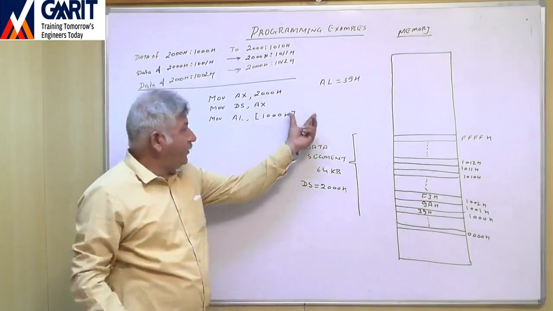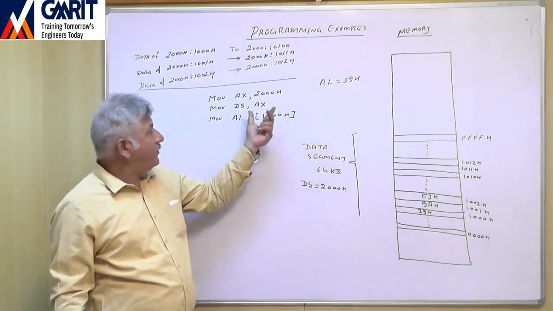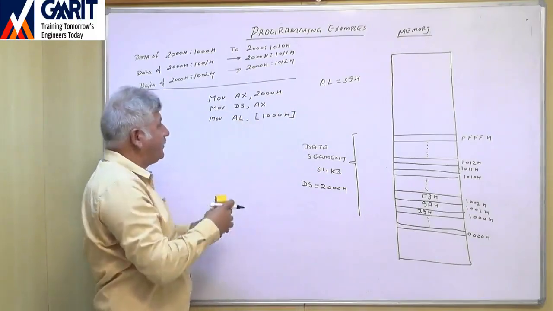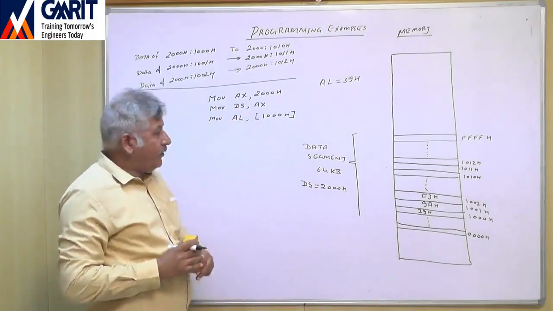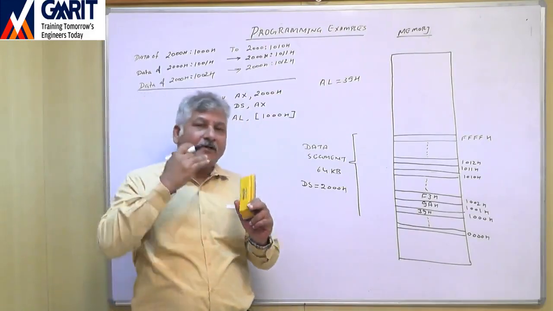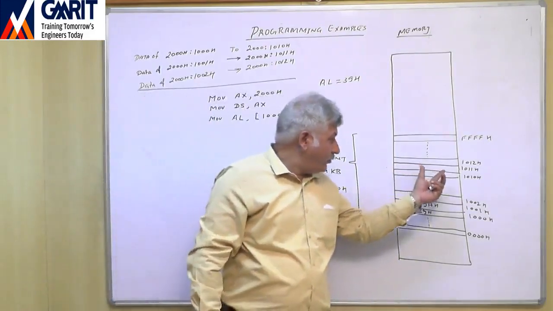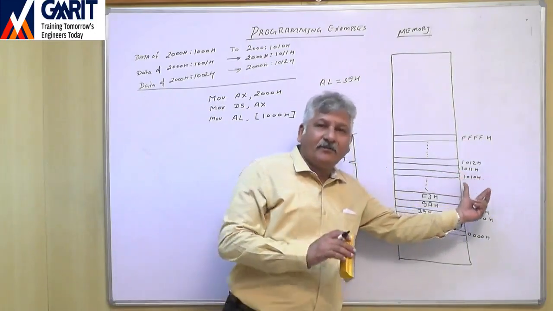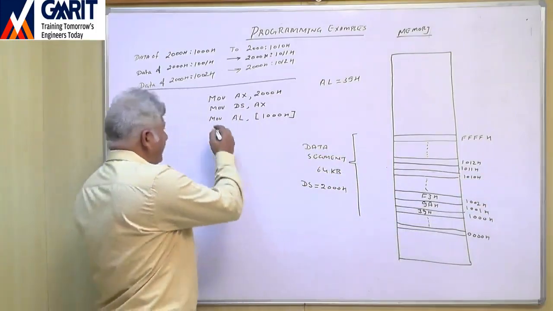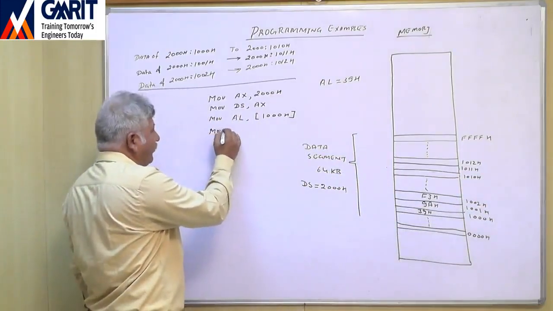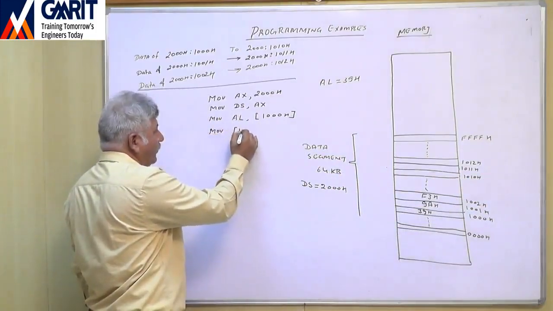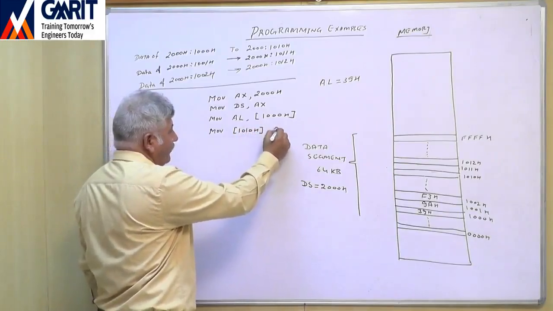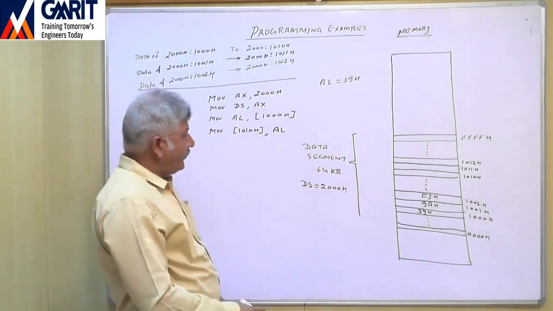So now from the memory, we have brought the data inside our microprocessor in 8-bit register AL. Now from the AL we will transfer it to the new offset address 1010H in the same data segment, right? So here I will write the instruction MOV [1010H], AL.